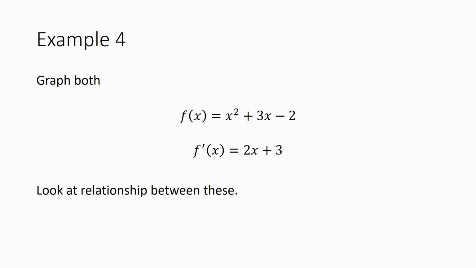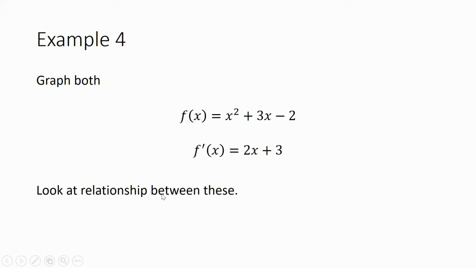Let's go ahead and see how this actually pans out when we graph both the function itself and the derivative. Here is an example that we've done before. We've taken x squared plus 3x minus 2, and we've found that the derivative is 2x plus 3.